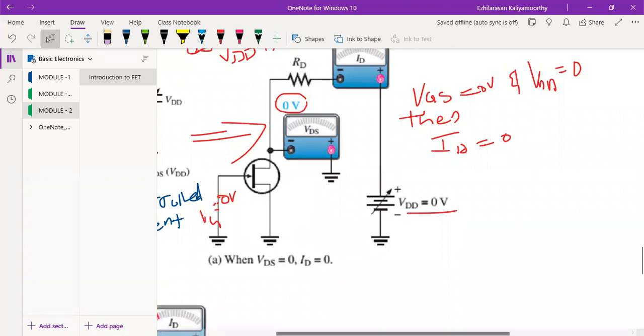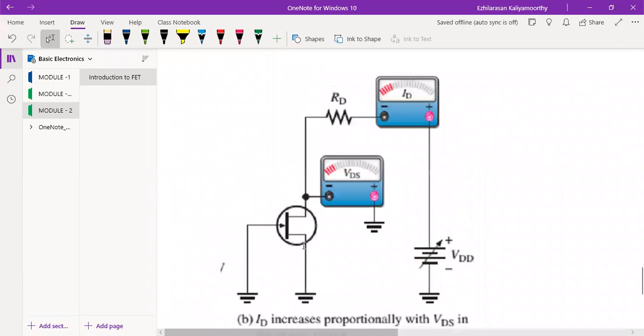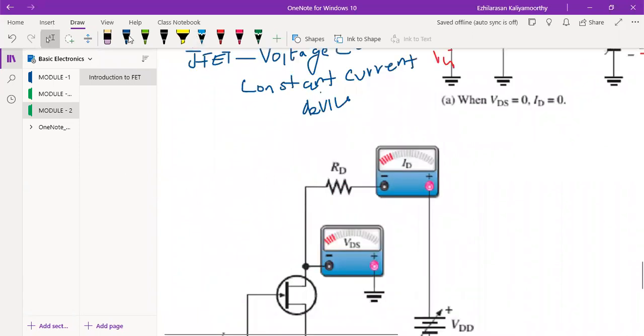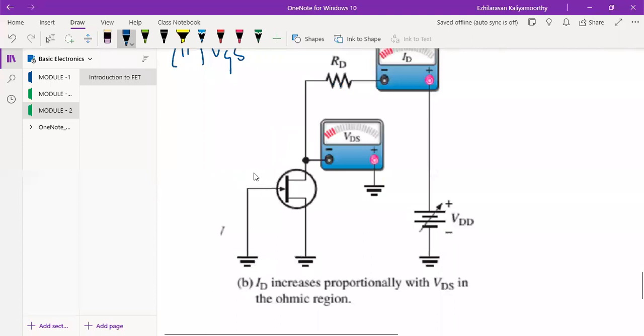At the same time, the voltage across the drain and the source, that is VDS, also will be 0. Now the second diagram we are showing is the case 2. In the second, again VGS is equal to 0 volt only. As we said, there is a gate terminal, this is drain, this is source. Now the VD we are changing, that is VDD, otherwise I can call it VDS.